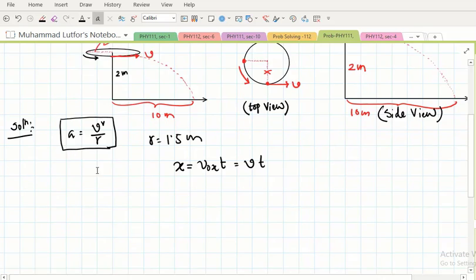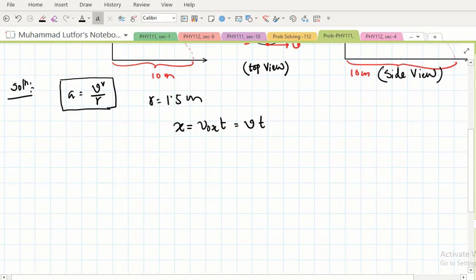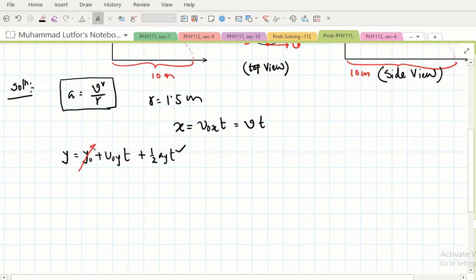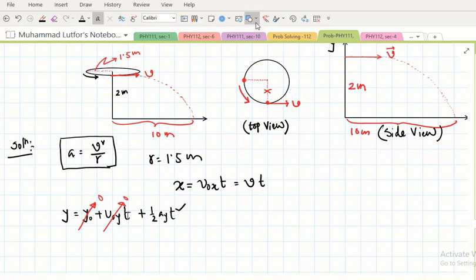How do I find the time of flight t? We can use the equation y equals y naught plus v naught y t plus half a y t squared. Here y naught is 0, and v naught y is also 0, because when it flies off it has only horizontal velocity and no vertical component.